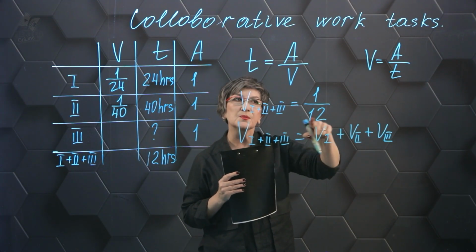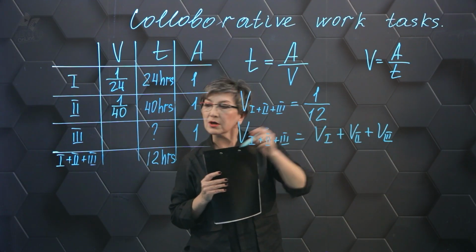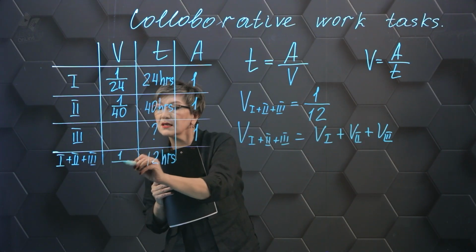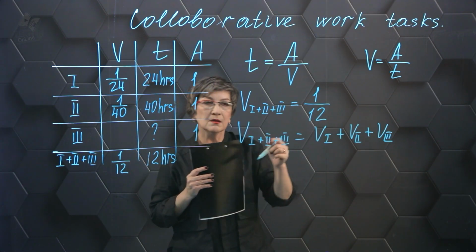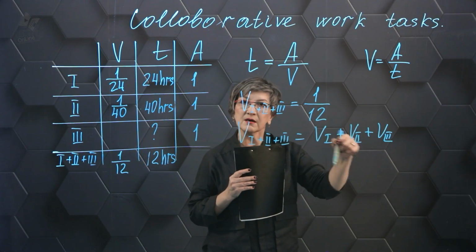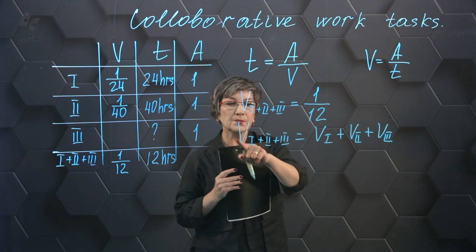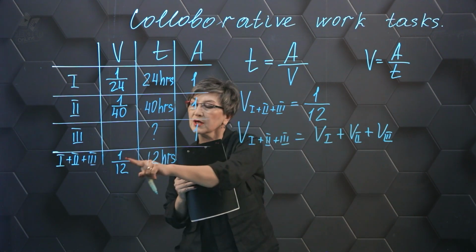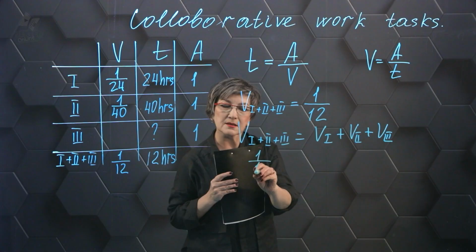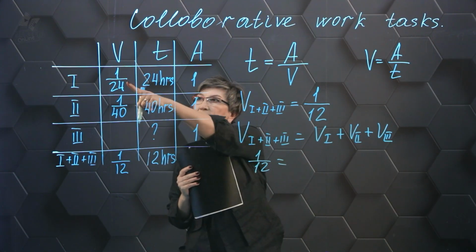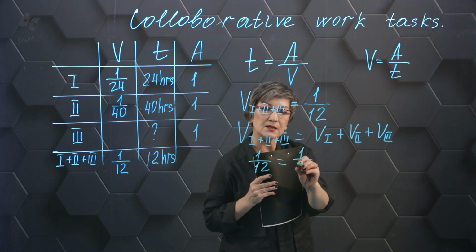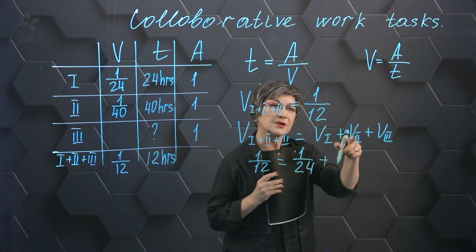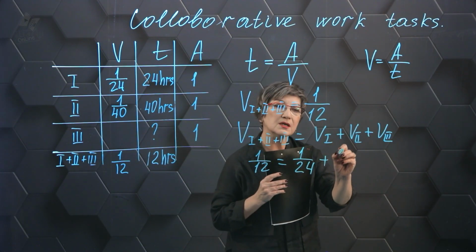We have found that the productivity of 3 workers is 1 divided by 12. Let's substitute our value into our formula. The productivity of 3 workers is 1/12. The productivity of the first worker is 1/24, and the productivity of the second worker is 1/40.